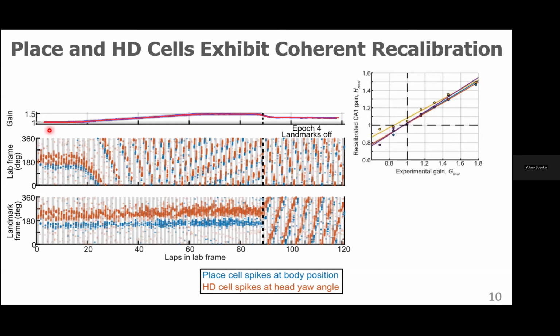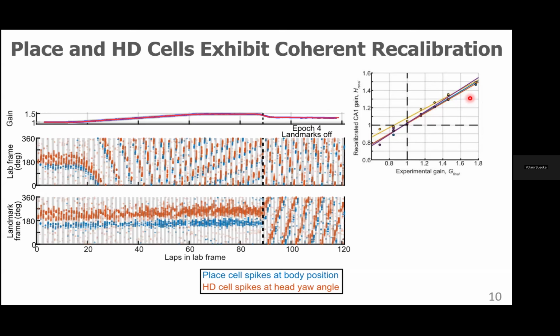When we plot the CA1 gain in epoch 4 against the previously experienced experimental gain, we recover this nice linear relationship, suggesting that the epoch 4 gain that the system exhibits is predicted by its previously experienced visual gain. Moreover, the slope is less than 1, suggesting a partial recalibration where the system did not fully recalibrate to the visual gain that it experienced. So this is a nice reproduction of the previous CA1 study.